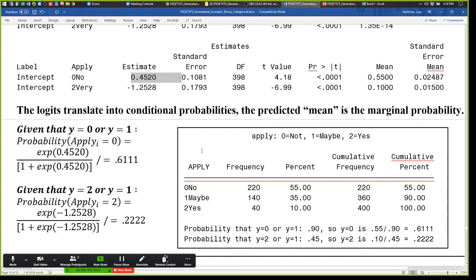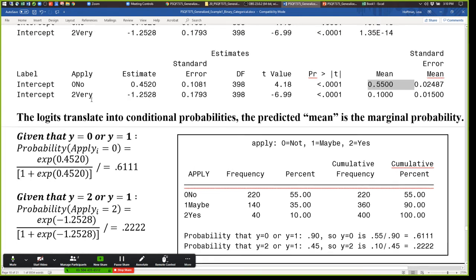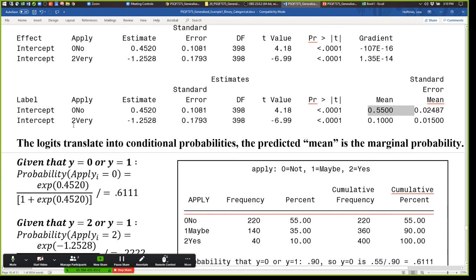That's the intercept. That translates into a probability of 0.55. The logit of answering yes, very likely, instead of maybe, is minus 1.2, which translates into a probability of 0.1.